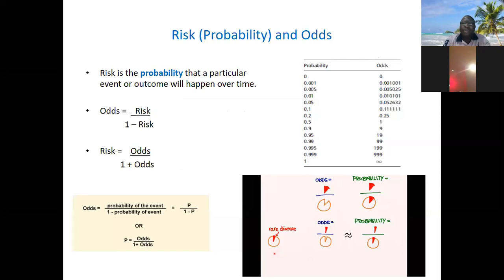Now, if risk and probability mean the same thing, what is odds? We know probability because we have discussed it: the chance of occurrence of an event. Everybody knows that. It's between 0 and 1, or between 0 and 100.